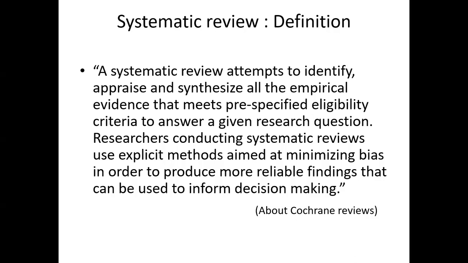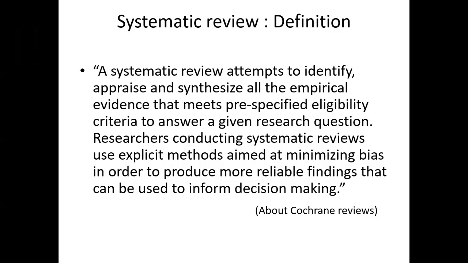So we have to go and look for that evidence, identify those articles, appraise them, synthesize, get the evidence, and answer the question. So always when you do a systematic review, there's a question that has been asked to you, or you have asked yourself, so you need to provide an answer.